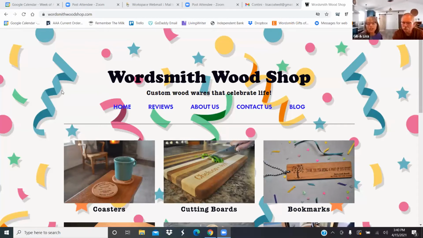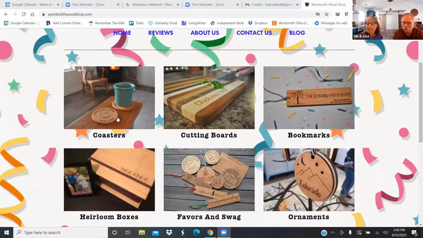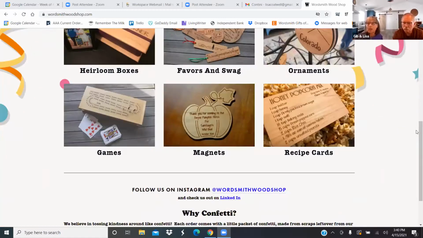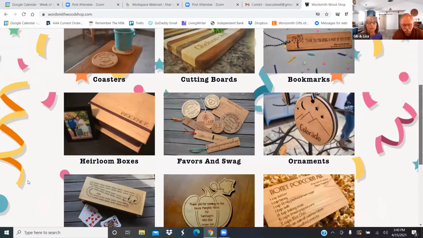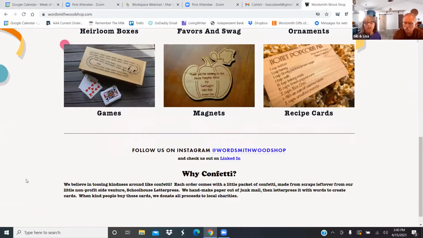We liked it, and we do say at the bottom, and this is from Hannah with the Boulder, the furniture, they put on their website the things that they do to give back to the community, and we really liked that. And so we put a little blurb in here about why confetti, and I won't read it, but it's just talking about tossing kindness around like confetti.